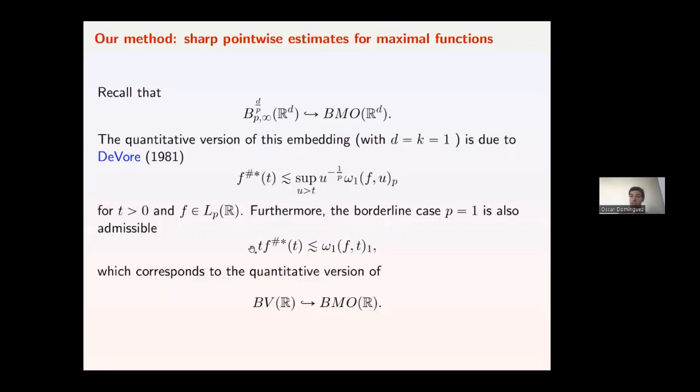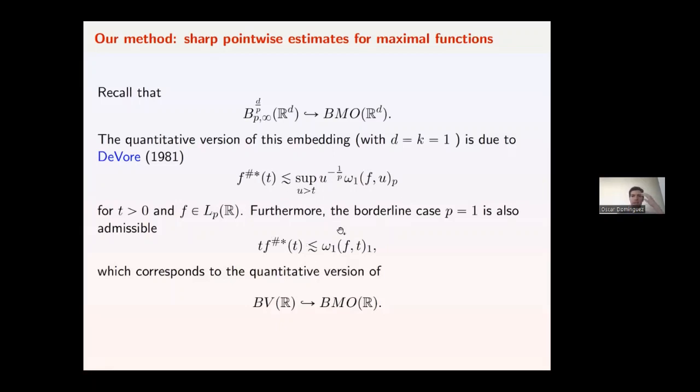And this inequality can be considered as the quantitative version of the classical embedding in the univariate setting from bounded variation into BMO. Indeed, you only need to divide both sides of this inequality by t and take the sup over all t greater than 0 on both sides of this estimate, and then you will arrive at this embedding.